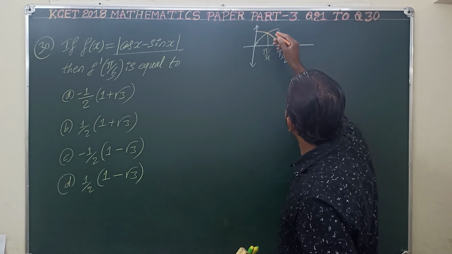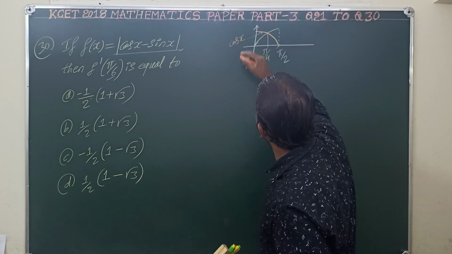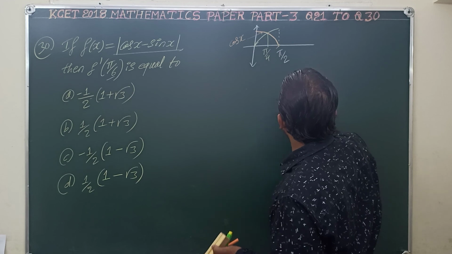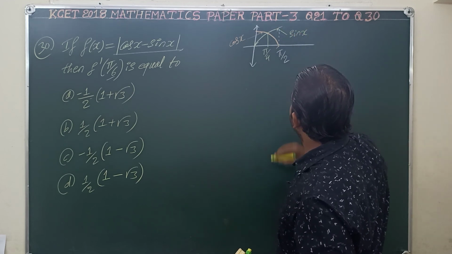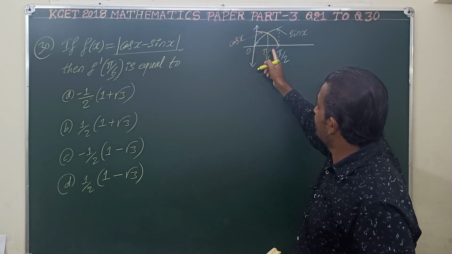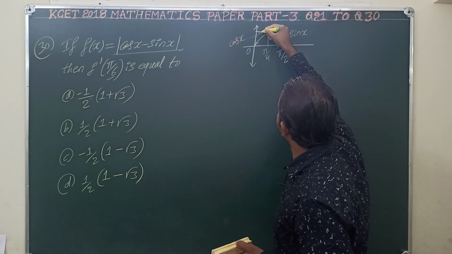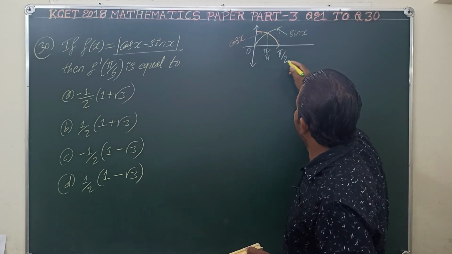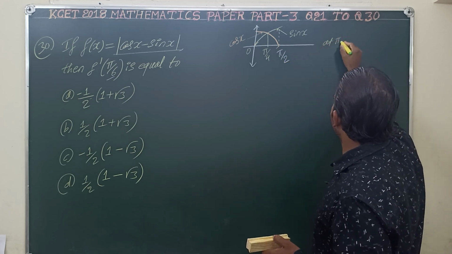This function is cos x, this function is sin x. So in this case, between 0 to pi by 4, cos x is greater than sin x.